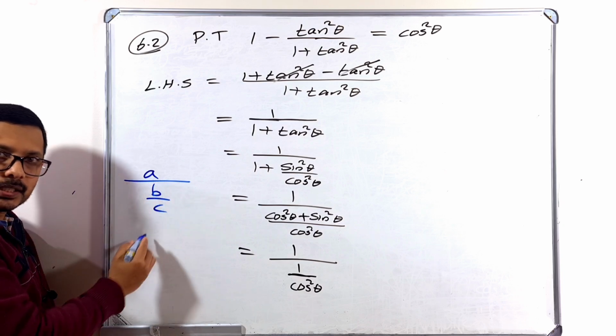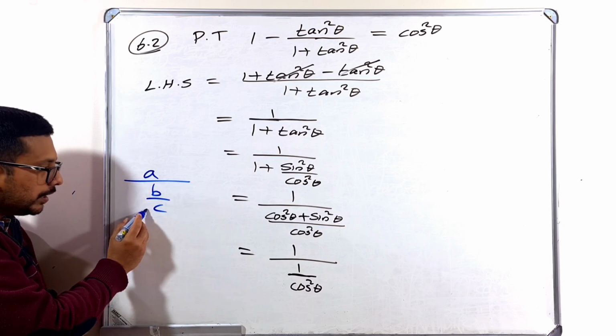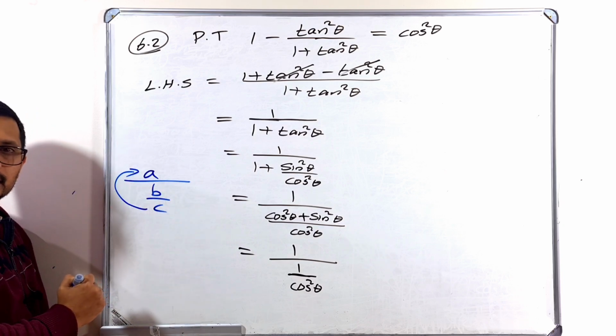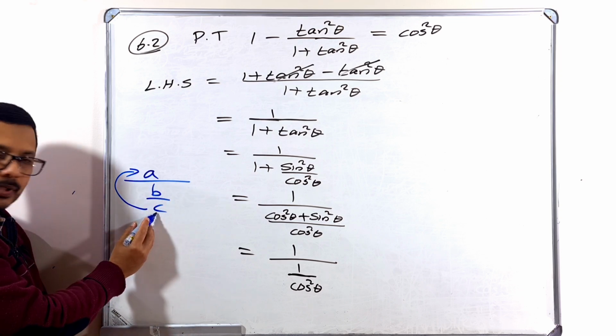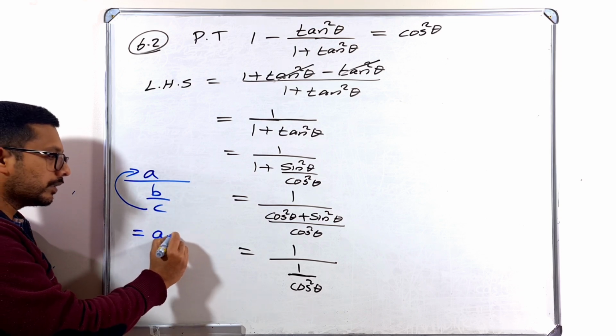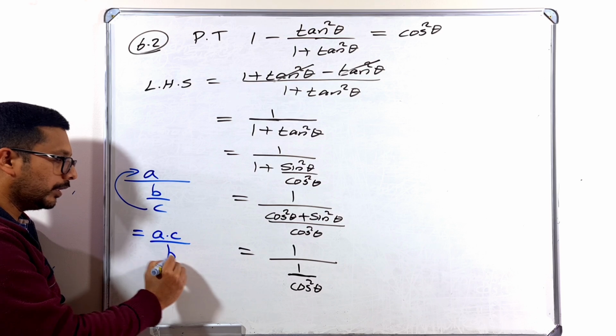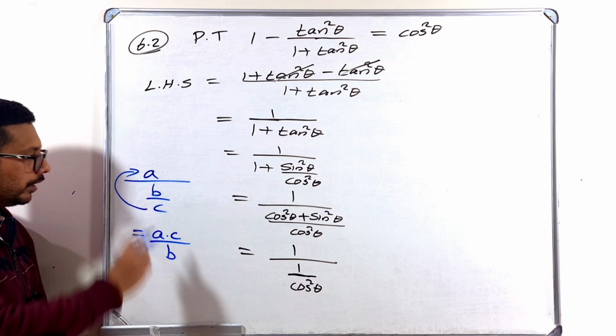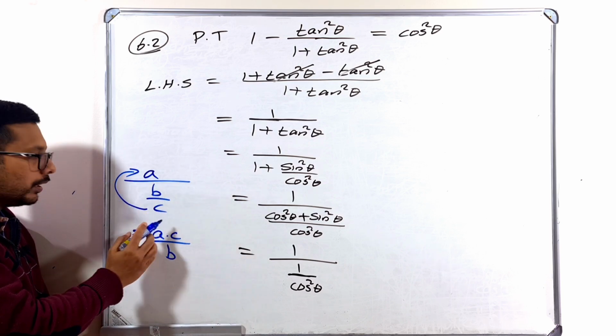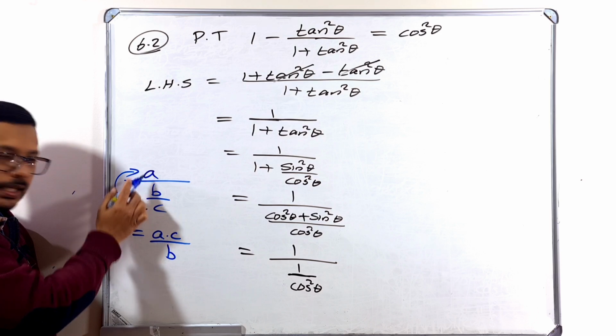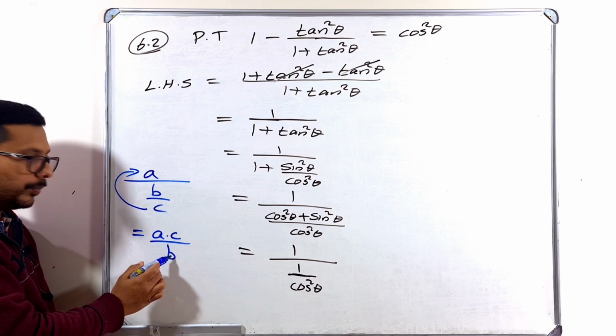Take this C and multiply with the numerator. So A times C, that is AC, divided by this B. A divided by B by C: take this C and multiply with this A, so it is AC divided by B.